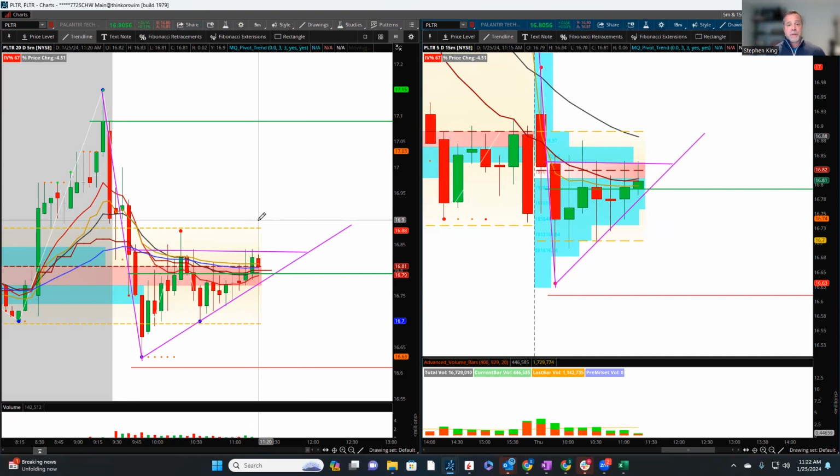So I have come up with my own if-then statement: if price closes above 1684, which I know right now is a strong overhead resistance, then I'm going to move my stop below this pivot here. Now I just have to wait and see if that comes to fruition.